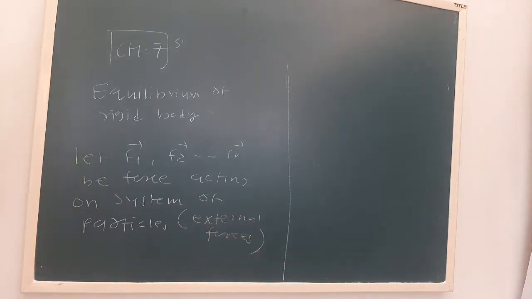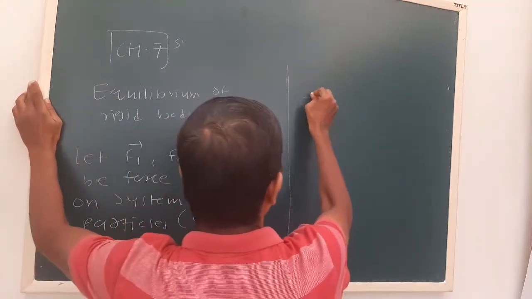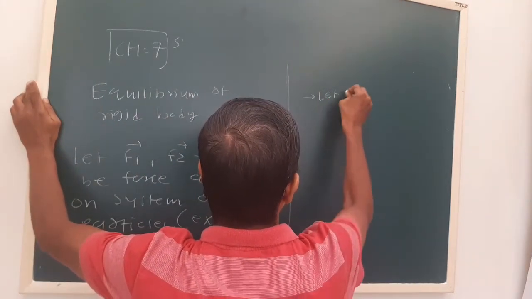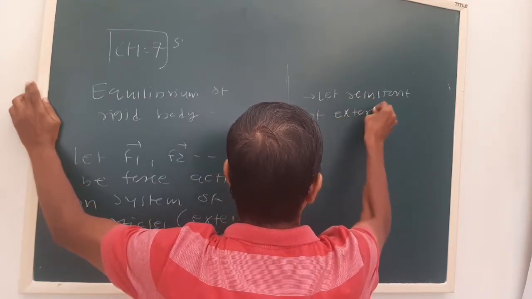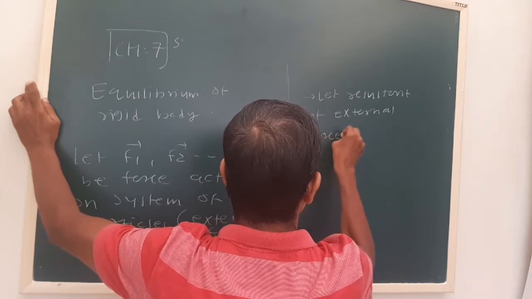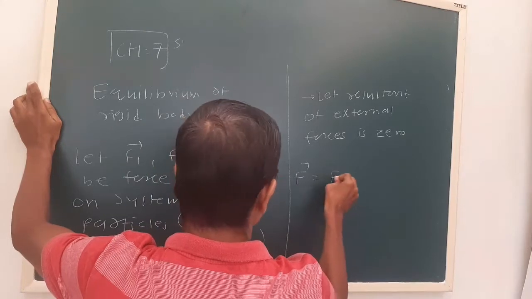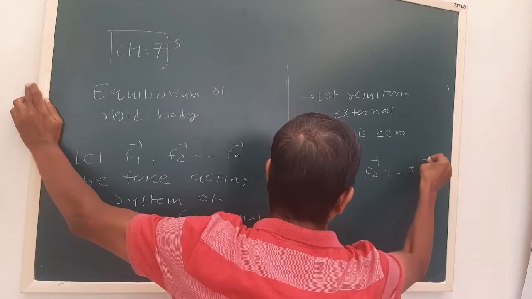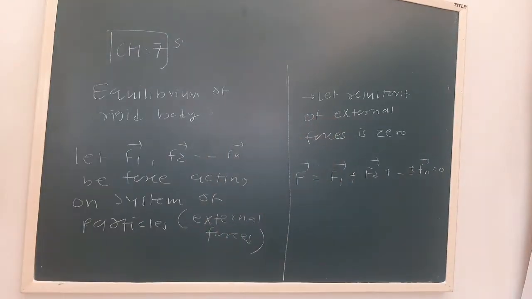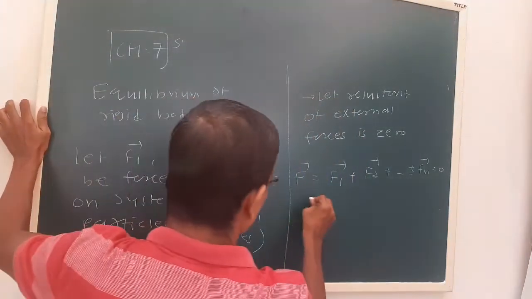Let the resultant of forces be 0. So in that case we write F is equal to F1 plus F2 and so on. Now the torque formula is r cross F. Torque formula is r cross F.